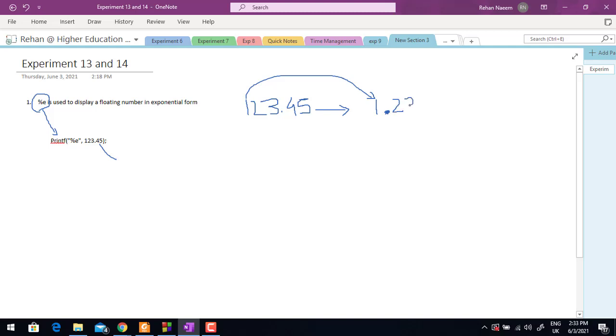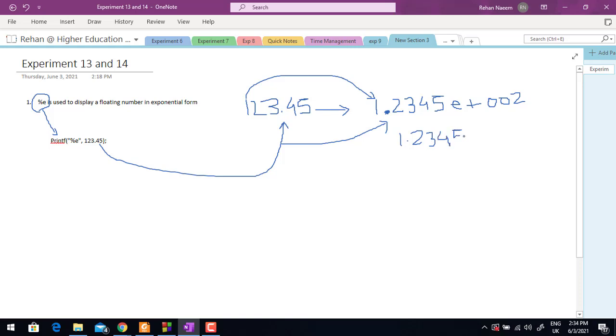So 1.2345 exponent plus 002. This percentage E will convert 123.45 into this form, which is basically 1.2345 into 10 raised to the power 2.